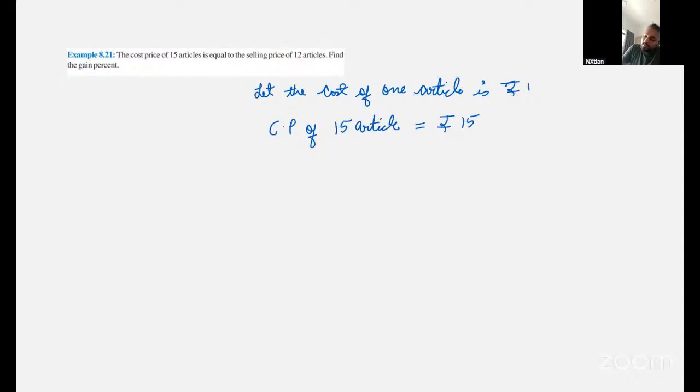So it means that the SP of 12 articles is going to be 15 only. So the selling price of one article will be 15 upon 12.